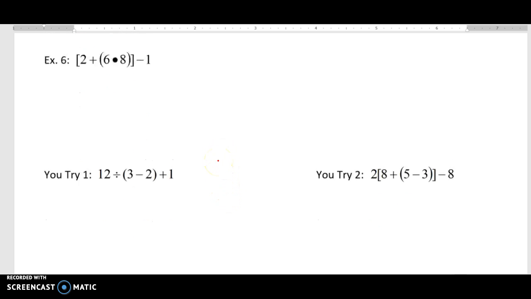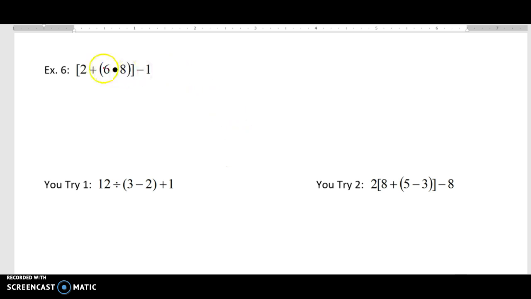Example 6. So notice these brackets. They are square brackets, not round brackets. And they're no different than round brackets. The only reason they use square is so you know when you open this one, this closes it. This round one opens, this round one closes it.